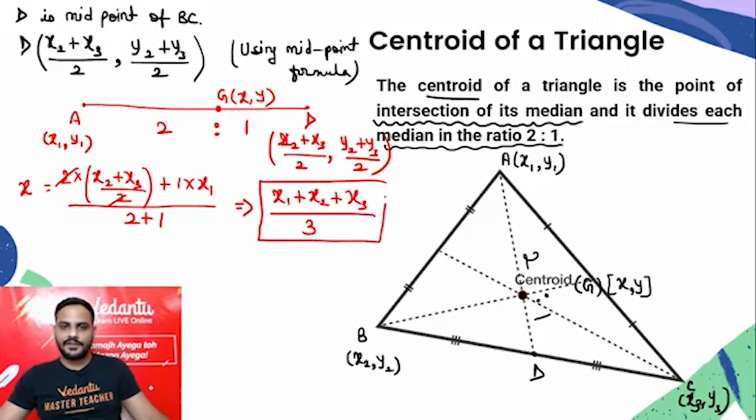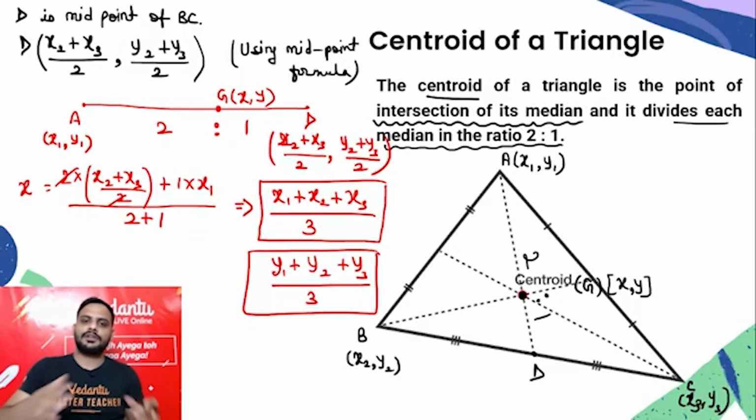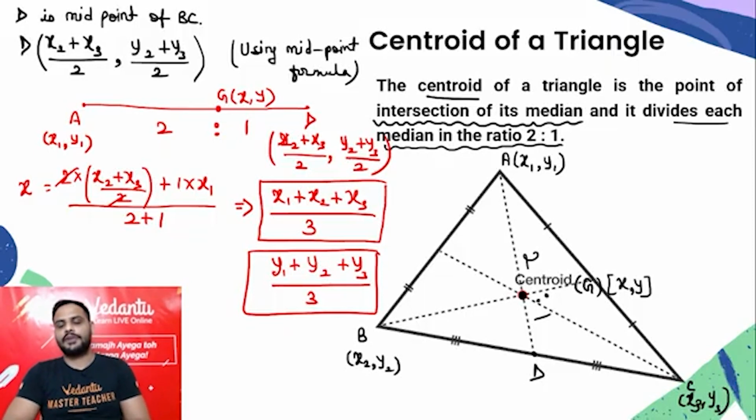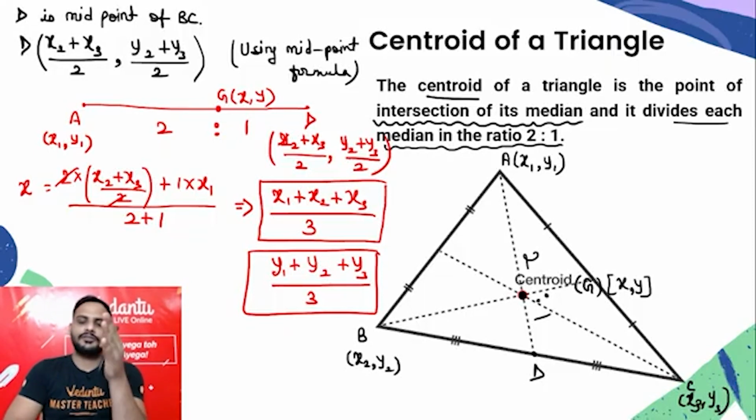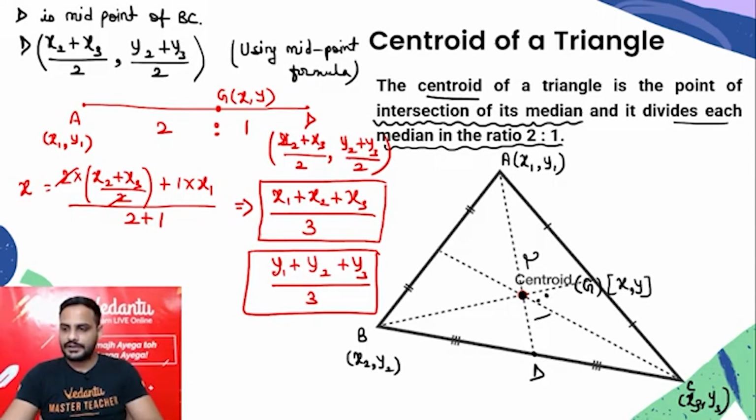This is the x coordinate of the centroid, and similarly the y coordinate will be y1 plus y2 plus y3 whole divided by 3. This is the formula to find the centroid of a triangle. If you know the three vertices, the centroid will be x1 plus x2 plus x3 by 3 and y1 plus y2 plus y3 by 3. Okay children, is it clear?